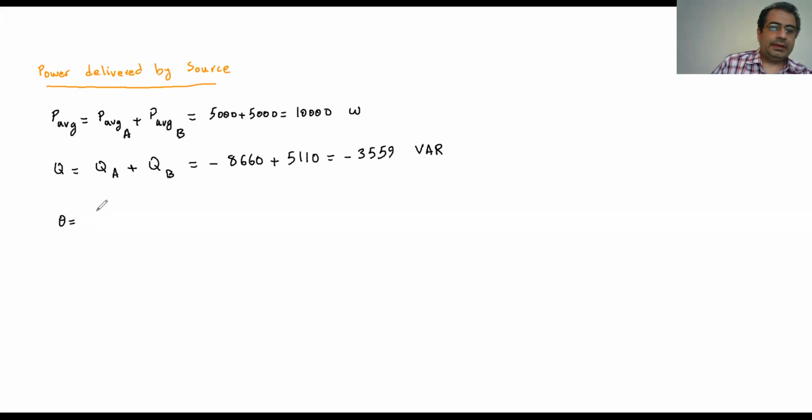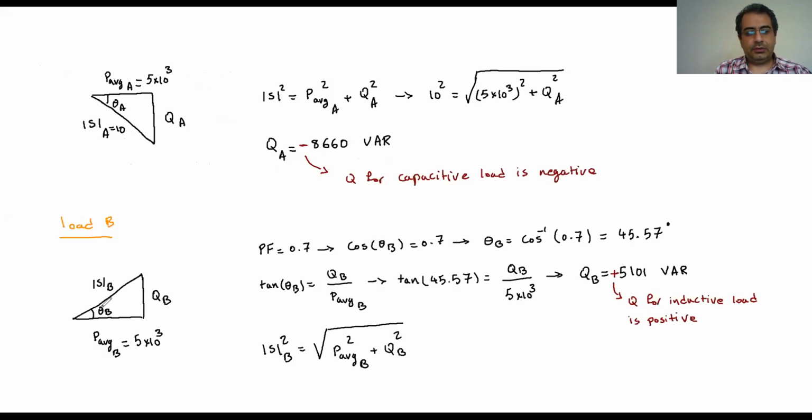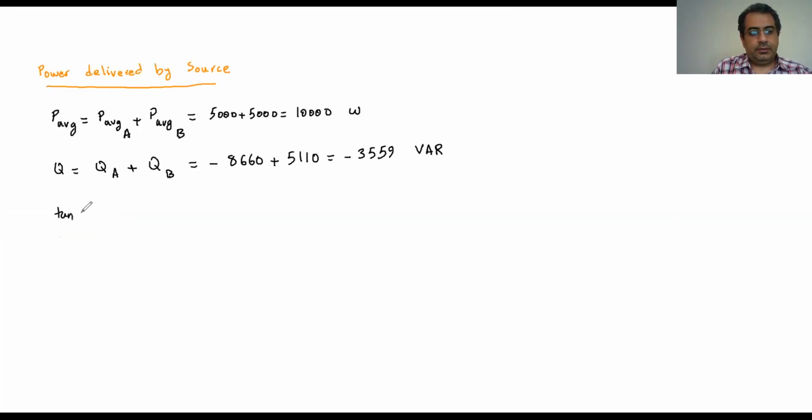If you consider the triangle, the tangent of theta is Q divided by P. So I can say tangent theta is Q divided by P average.